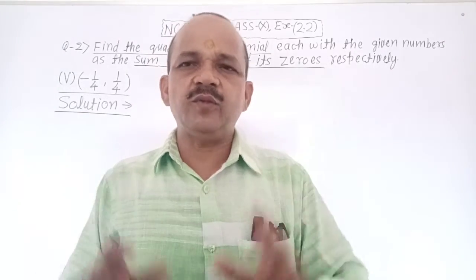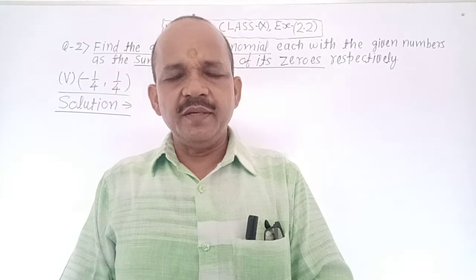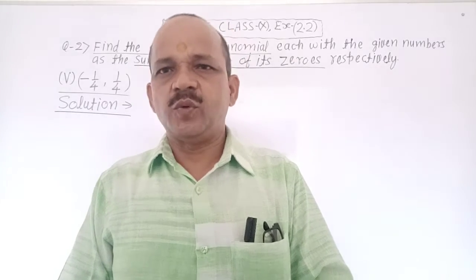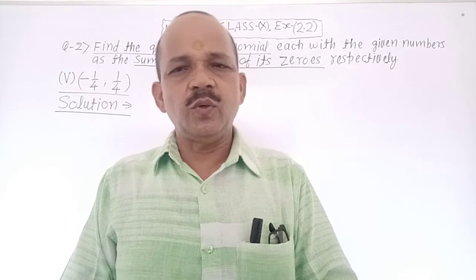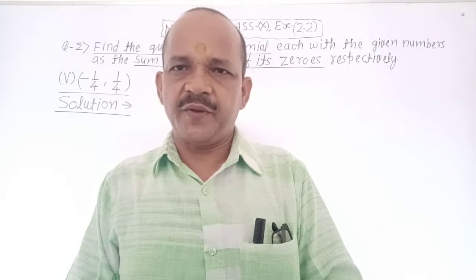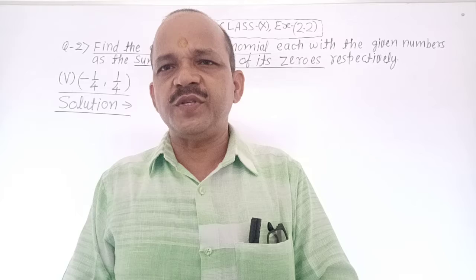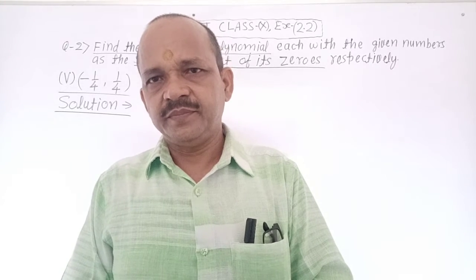Very good. Now I want to describe the relationship between coefficients and zeros. Sum of zeros equal to alpha plus beta equal to minus b by a equal to minus coefficient of x upon coefficient of x square.